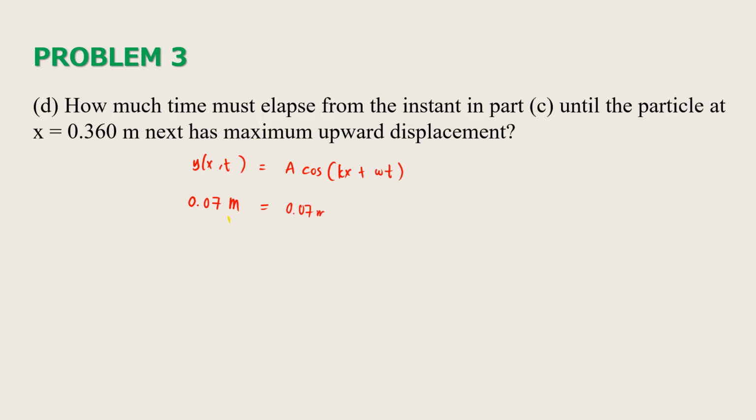0.07 meter, and then we have cosine, the value of our k. K can actually be expressed as 2 pi over the wavelength lambda.